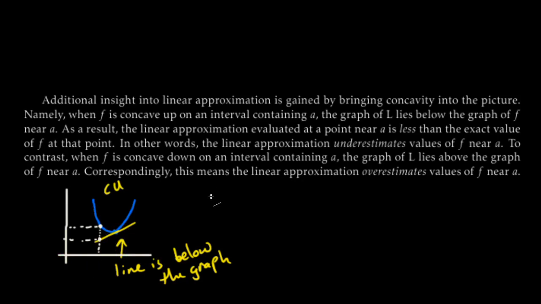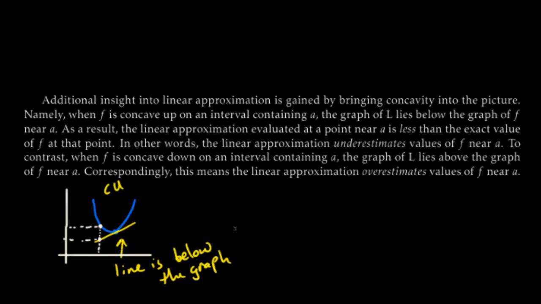So when the function is concave up on an interval containing a point that you can differentiate your function at and find a tangent line, then that tangent line is going to underestimate the function near that point. Now, it's not the case that it's an underestimate everywhere, but near the point, it's an underestimate.